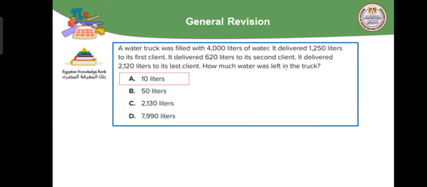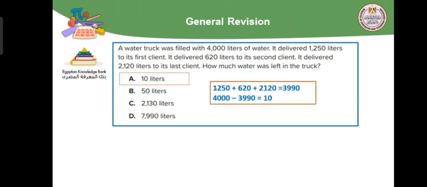Look, how can I get the liters left? Yeah, we add, then subtract. Adding all of them together, then subtracting from 4,000, because 4,000 liters is the total number of liters of water. So here I make 1,250 plus 620 plus 2,120.